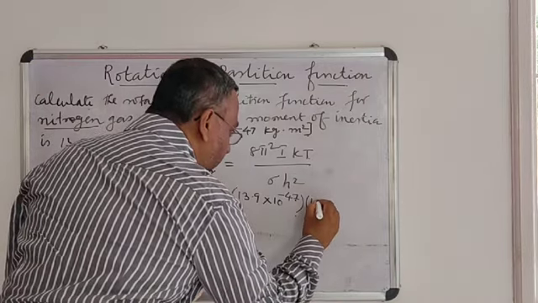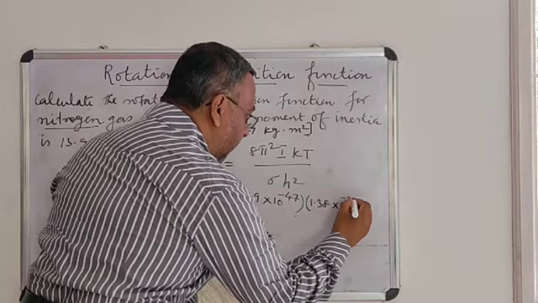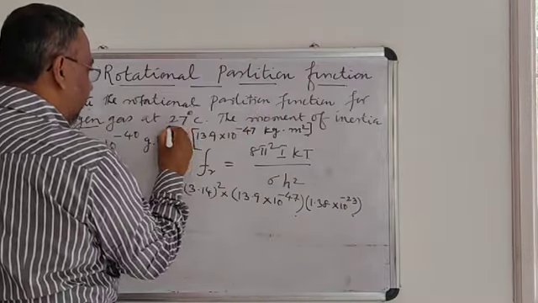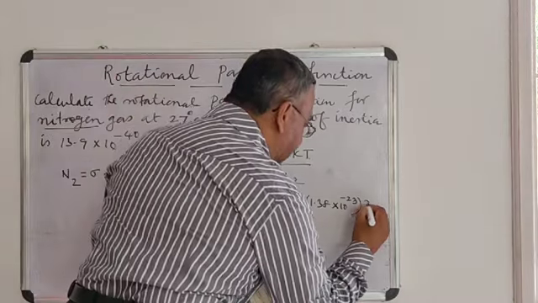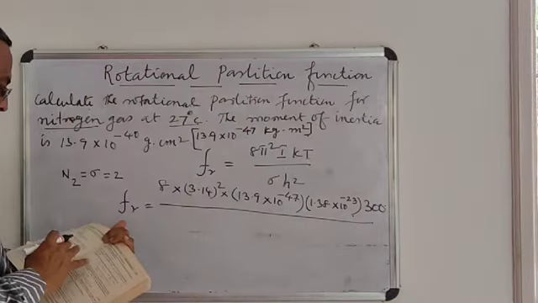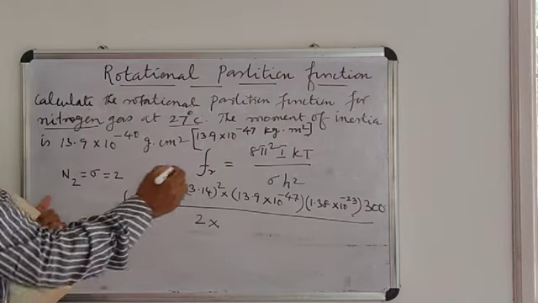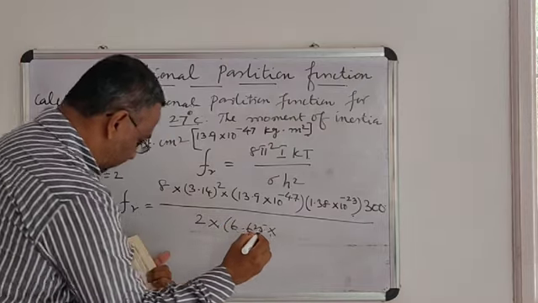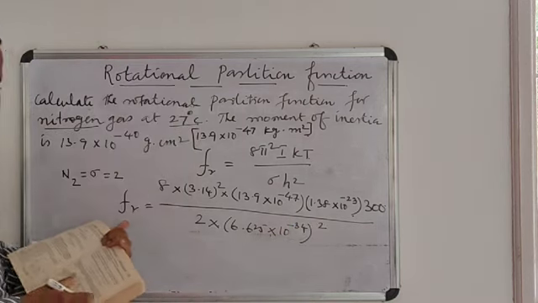Okay. K value, you know, Boltzmann constant 1.38 into 10 to the power of minus 23. Temperature 27 degrees centigrade. 27 plus 273 equal to 300 Kelvin divided by sigma value. You know, I told you symmetry number is 2. Planck's constant square, that is 6.625 into 10 to the power of minus 34 whole square.